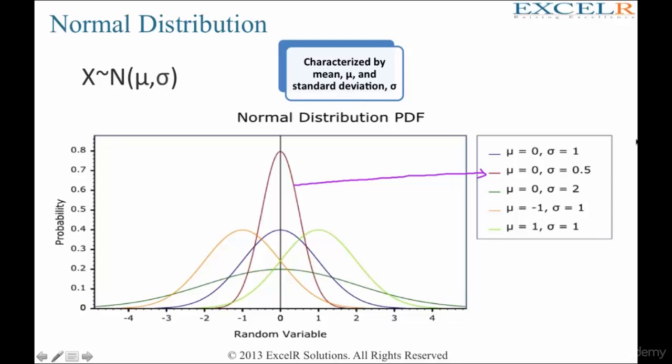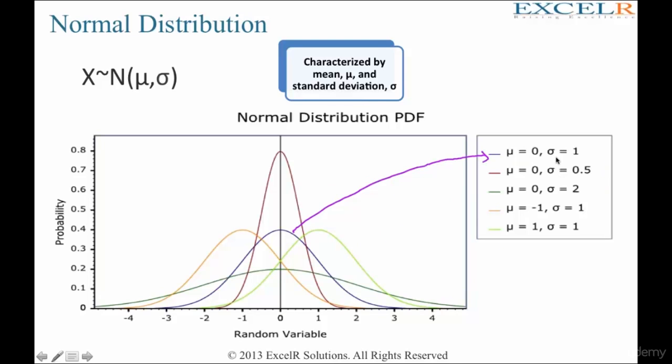Now, in comparison to the original curve, if I let the average remain as is and increase the variation or standard deviation, what would happen? In comparison to the original curve, your curve would increase in width, and that is given using this dark green curve.